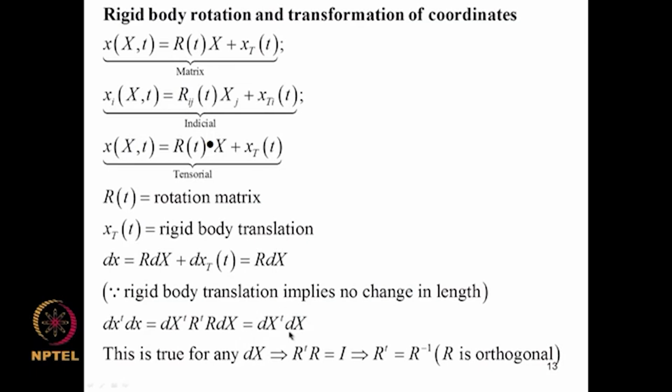So, this length remains unchanged, therefore, I have to verify that R transpose R is I. The argument is that in a rigid body rotation and translation length does not change, therefore, dx transpose dx must be equal to dX transpose dX. This is true for any dX, consequently, I get the relation that R transpose R is I, or in other words R transpose is R inverse, that is R is orthogonal.